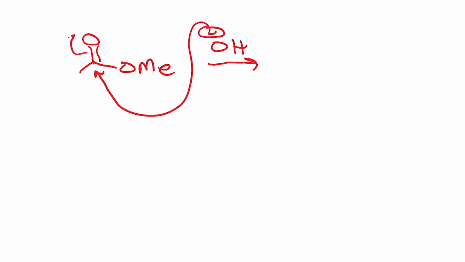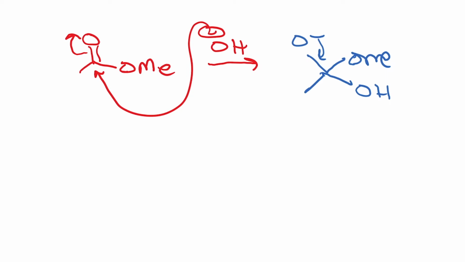Let's first consider the carbonyl. It goes here, and then it produces the tetrahedral intermediate, with OMe and OH. Now when it comes back in, it can do two things. It can either kick out methoxide or it can kick out hydroxide.